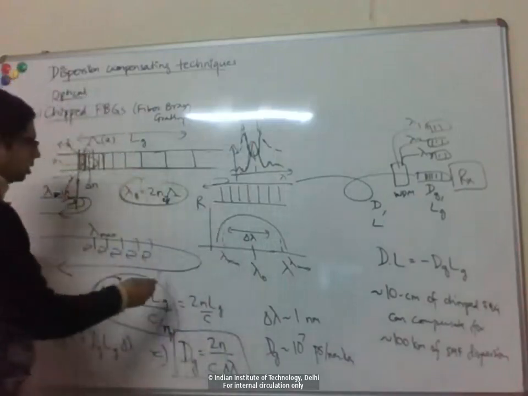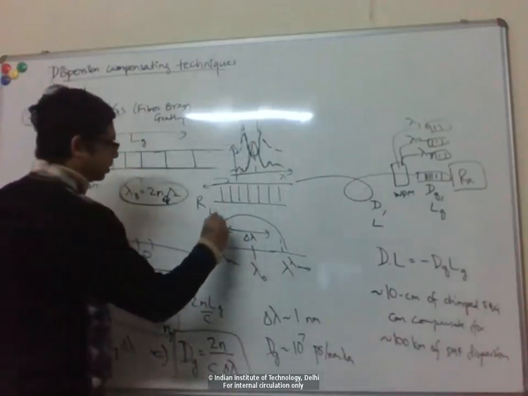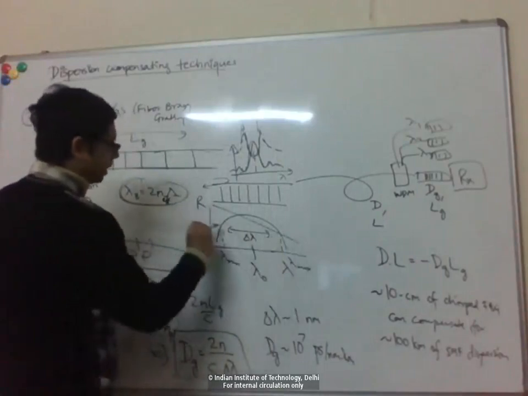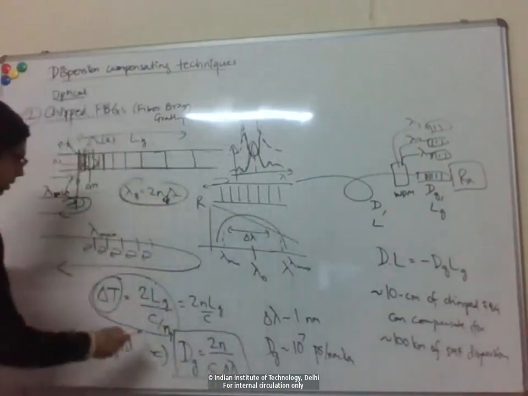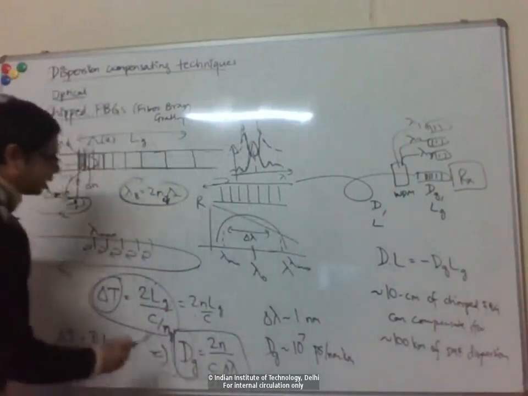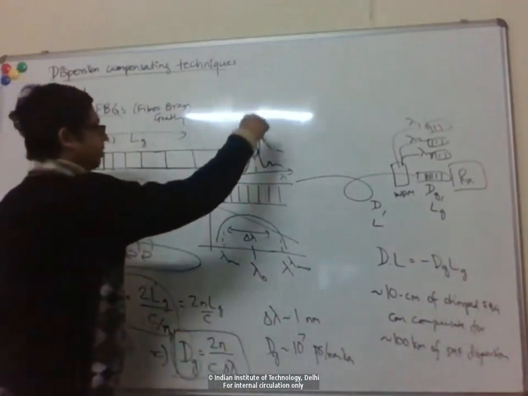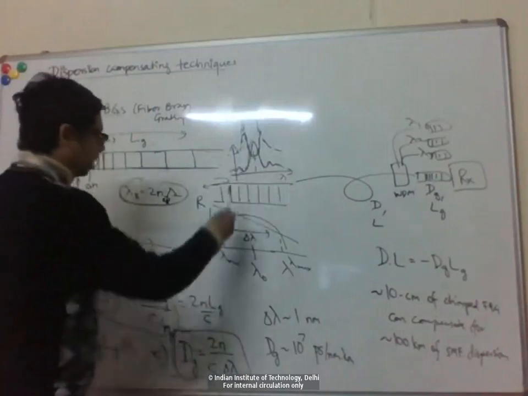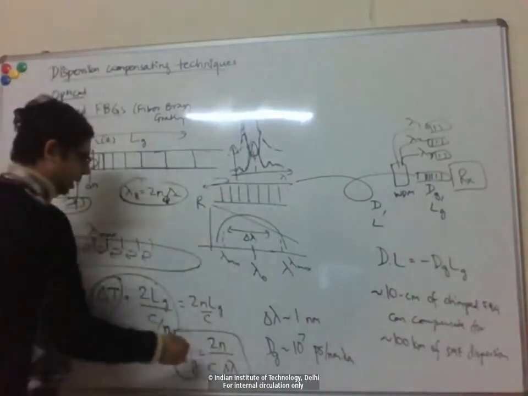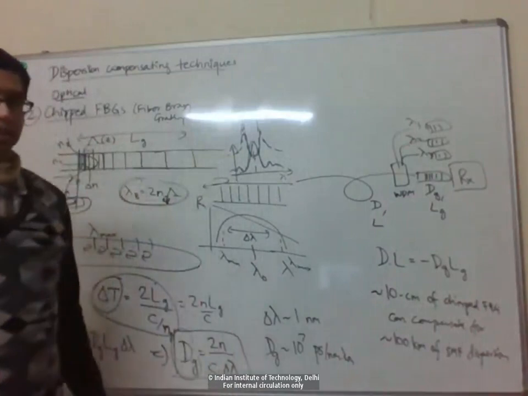In the chirped case, the phase shift is more flat and linear, so the delay is constant and you get a constant dispersion value. But here it's varying very fast, so effectively this grating has higher order dispersion terms, which are also very large.